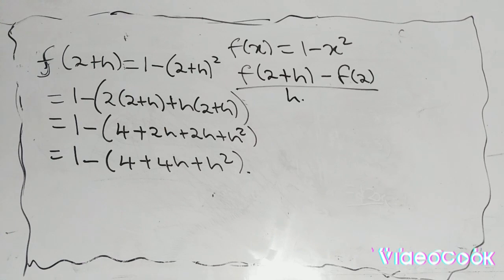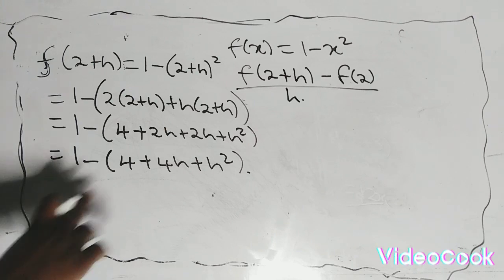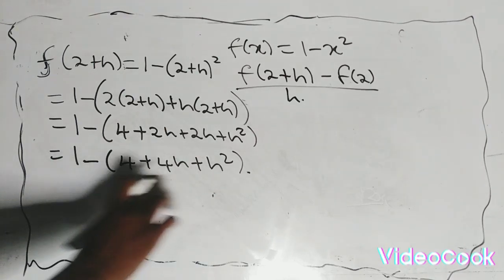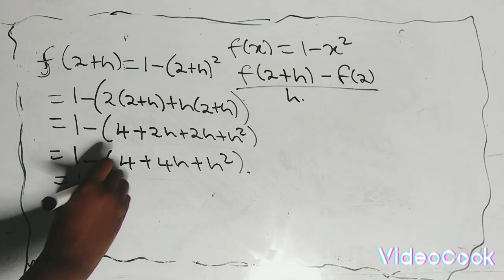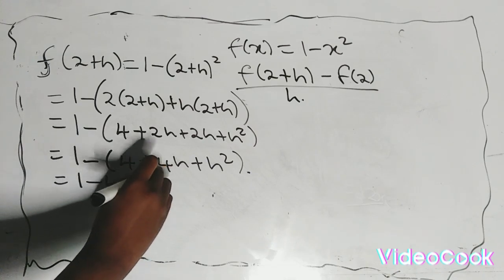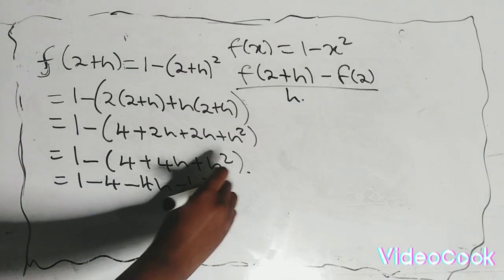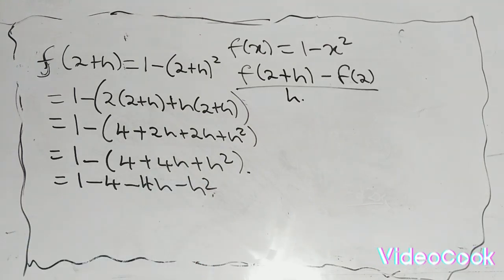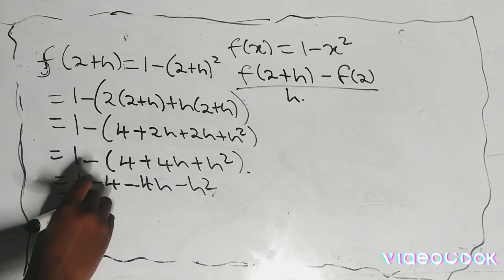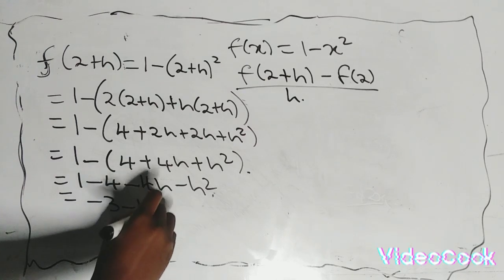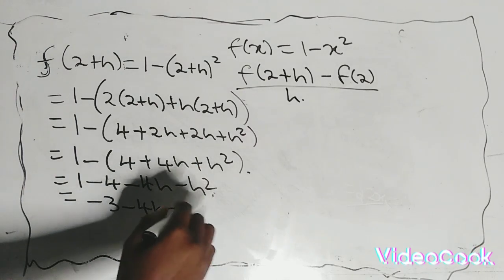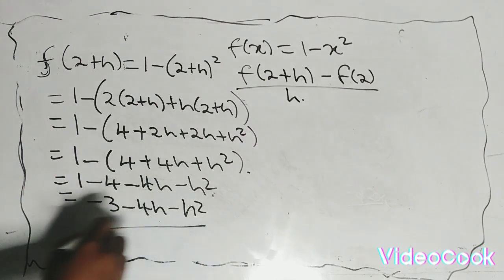Now when I open this whole bracket, it's going to be 1 minus 4 minus 4h minus h squared. 1 minus 4 is negative 3, so this is minus 3 minus 4h minus h squared.